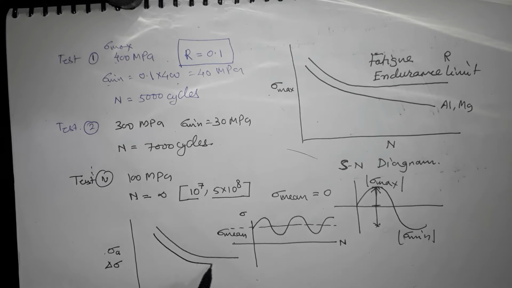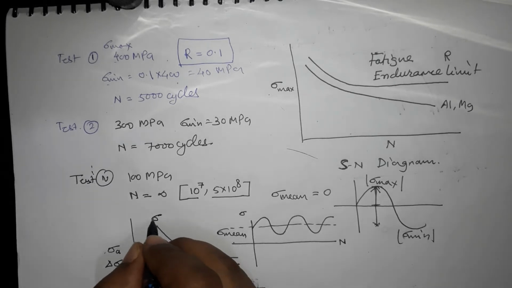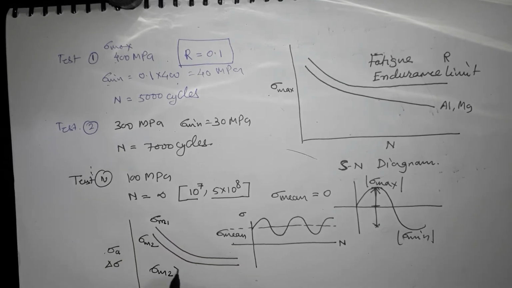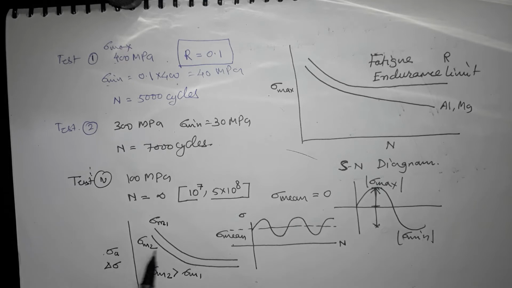So let's say I plot two graphs for different values of mean stress. So this is sigma m1 and this is sigma m2, and sigma m2 is greater than sigma m1. So as you increase the mean stress, the amplitude of stress for failure will decrease. Okay, so this is the difference, and there are these two ways of plotting the fatigue data.